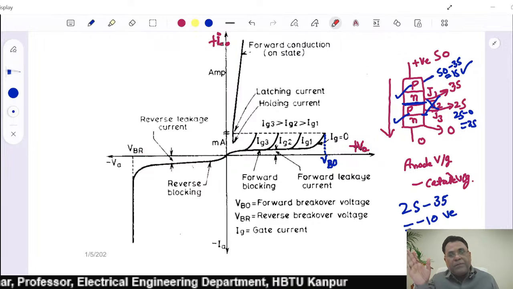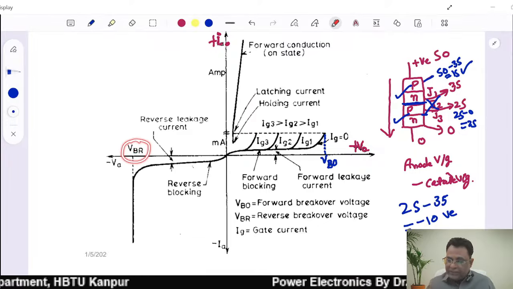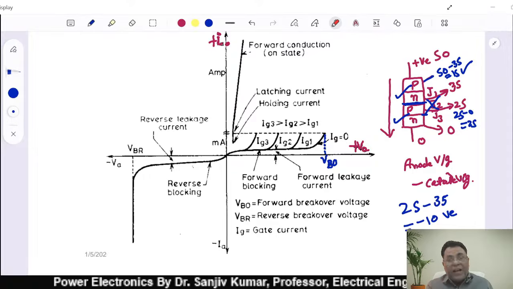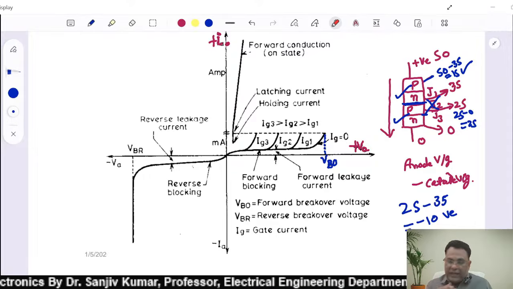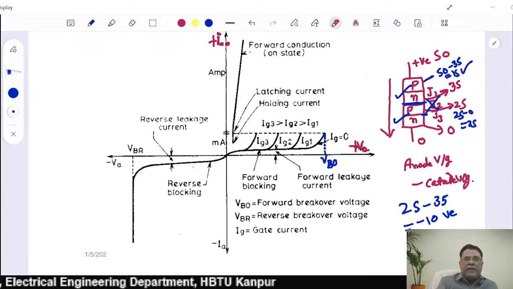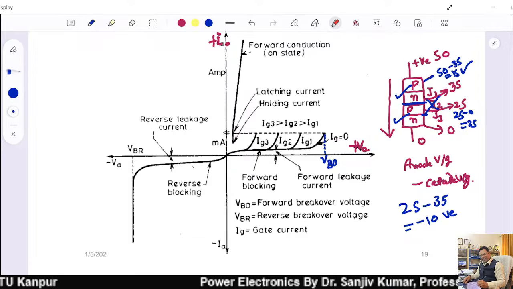But if you keep on increasing the voltage, a level comes at which junctions J1 and J3 suffer from avalanche breakdown, and your thyristor may get damaged. So you should not apply the reverse voltage, right?